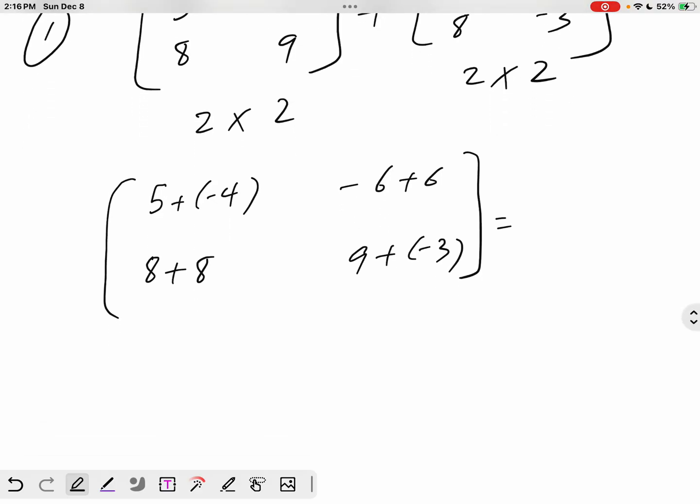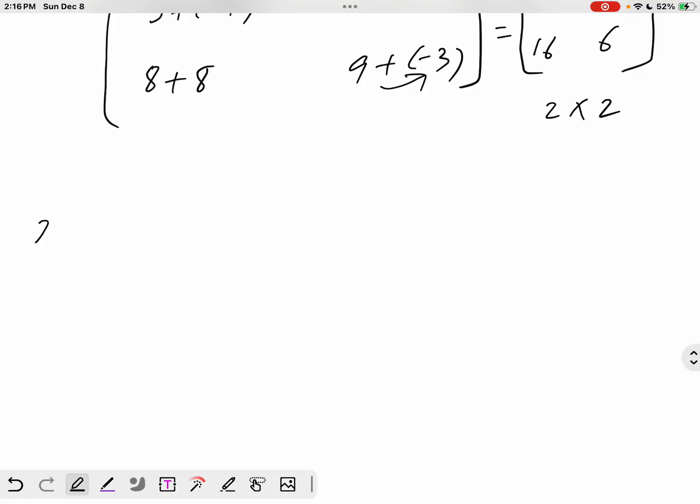The answer is also going to be a 2 by 2 matrix. So 5 minus 4 is 1, -6 plus 6 is 0, 8 plus 8 is 16, and 9 minus 3 is 6. So that is also a 2 by 2 matrix.